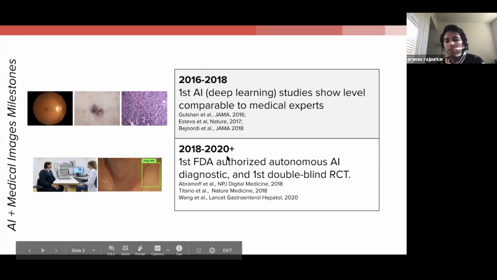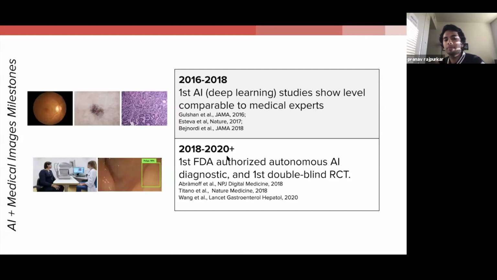And then what's really important is for us to be able to say, okay, these are doing good for patients in the world. And for that, in medicine, the standard is to do a randomized control trial where some of the patients will get the AI as part of their diagnosis. Here it was looking at colonoscopies and whether one could find colon polyps.